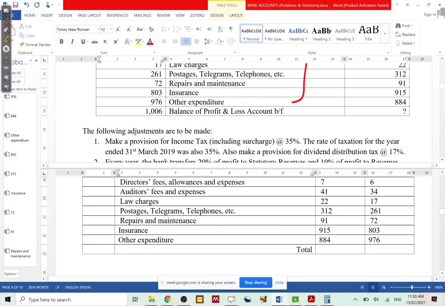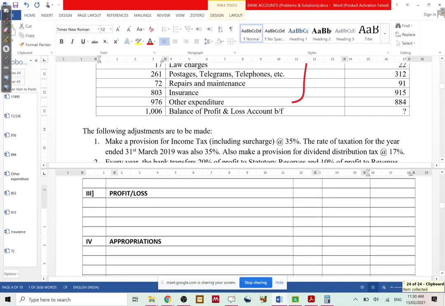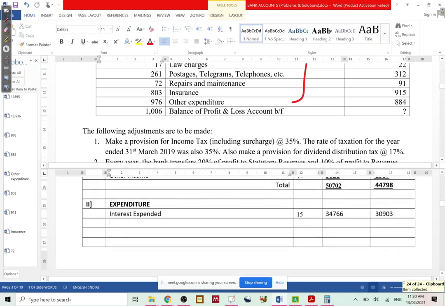Total. Okay, the total of all these items over here is 13,536 and over here is 11,895. So these totals are what we are going to again transfer to our actual profit and loss account. Fine. So interest expended, I have here operating expenses.